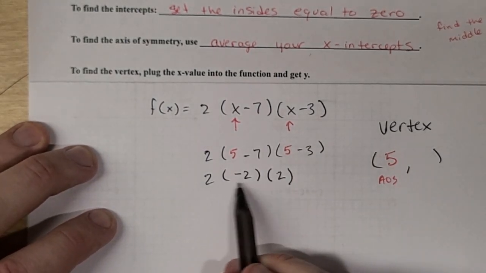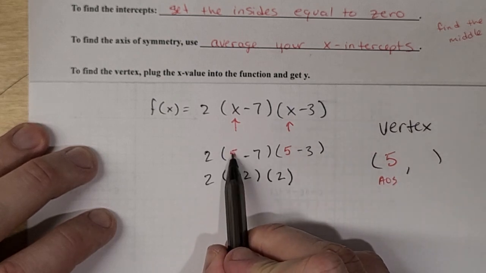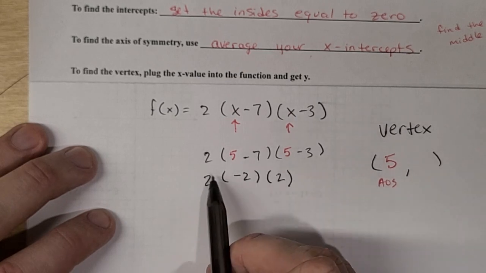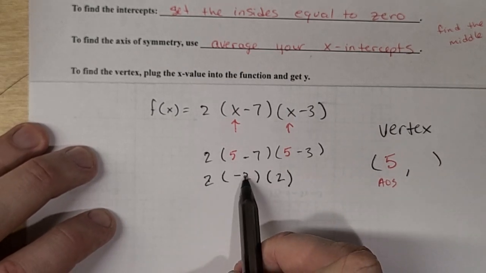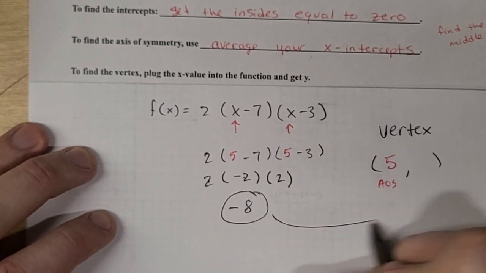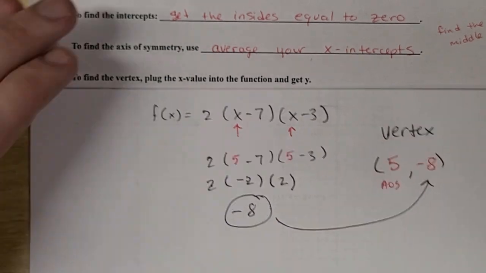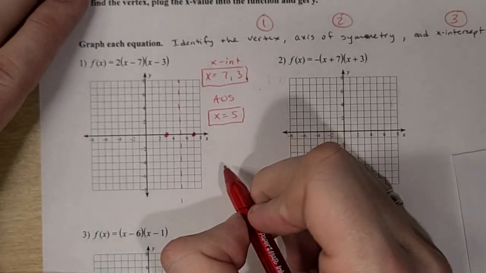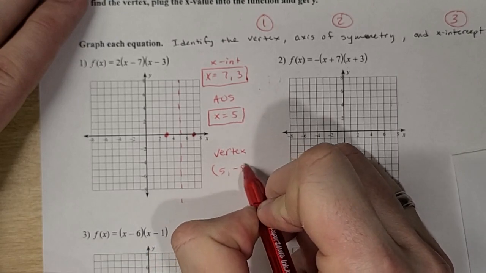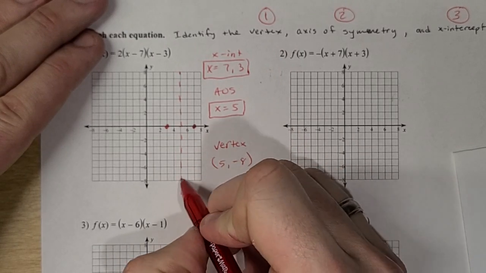Weirdly, this is actually going to happen every single time, because you have the exact center being subtracted by these two numbers. Anyways, not crazy important. 2 times negative 2 times positive 2 is a negative 8. That goes in here. So my vertex, in this case, is 5 comma negative 8. And then we could graph that. 5 comma negative 8 right here.